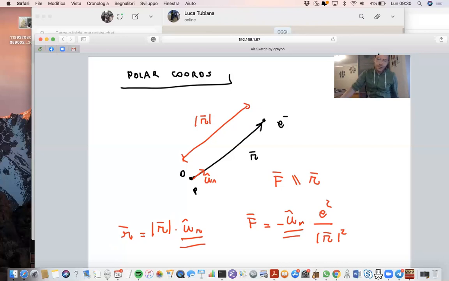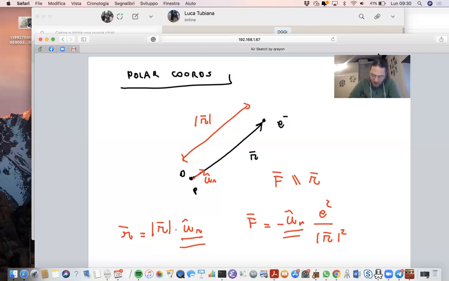So you see, in analogy with the example of the rolling particle along the cliff, there is an intrinsic natural reference frame, one in which one of the coordinates, one of the axes, always points from the center to the instantaneous position of the electron.